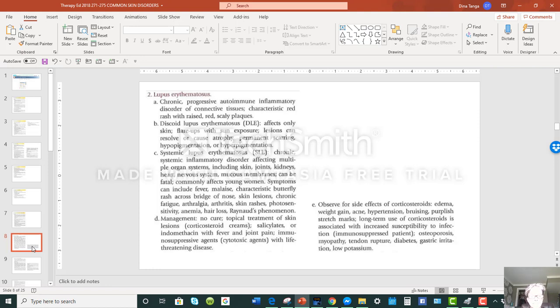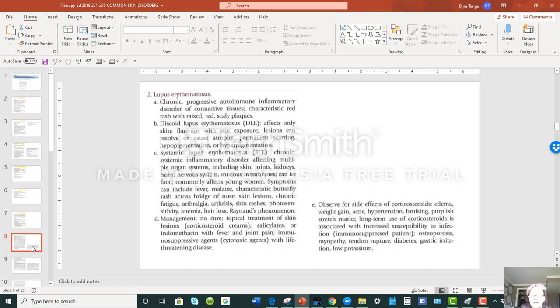Management: no cure. Topical treatment of skin lesions: corticosteroid creams, indomethacin with fever and joint pain, immunosuppressive agents, cytotoxic agents with life-threatening disease.